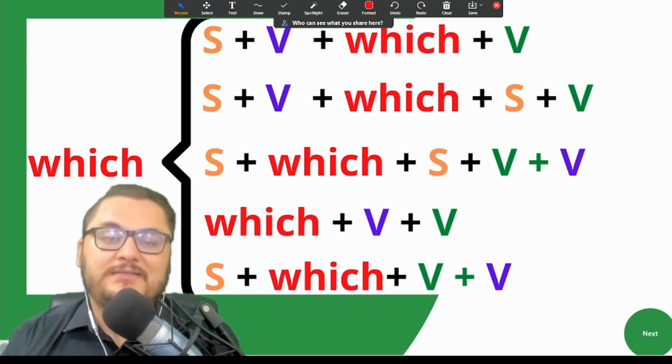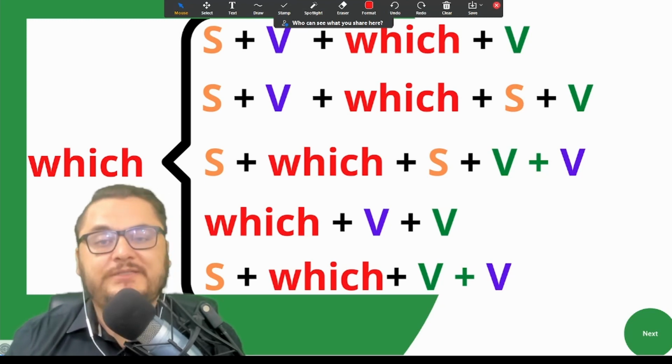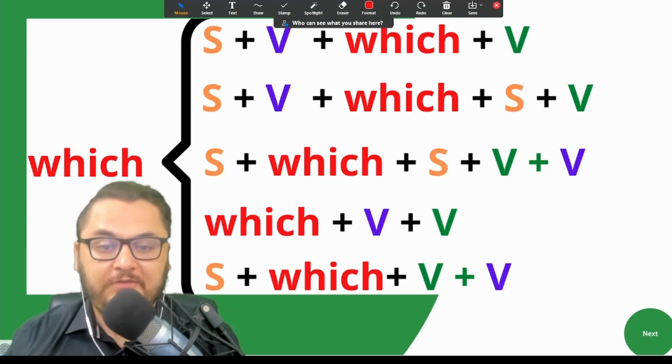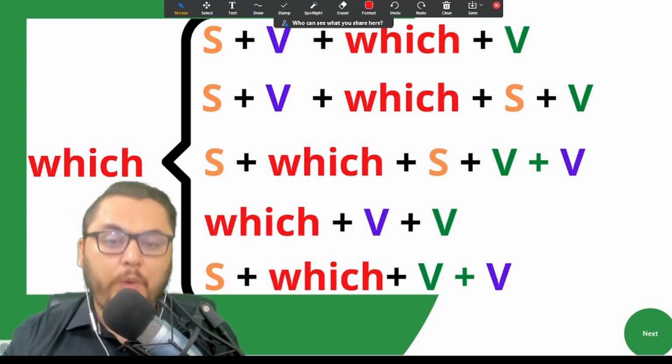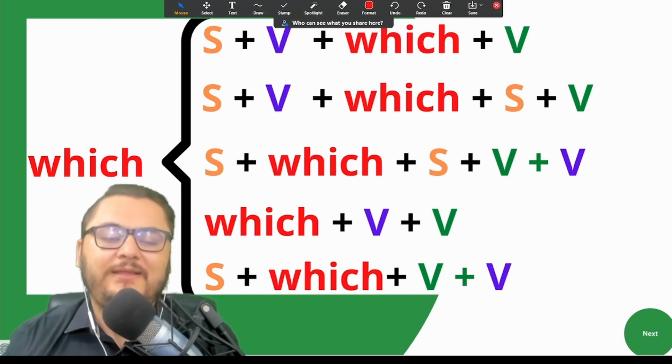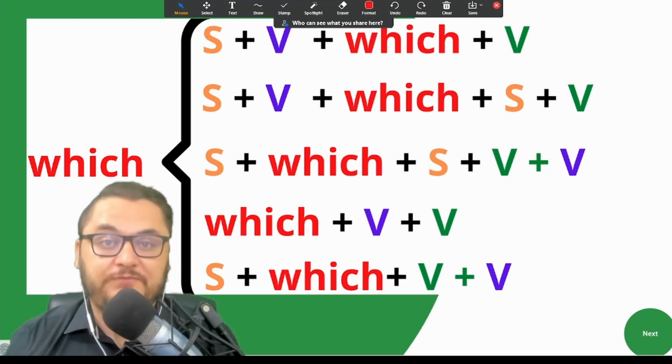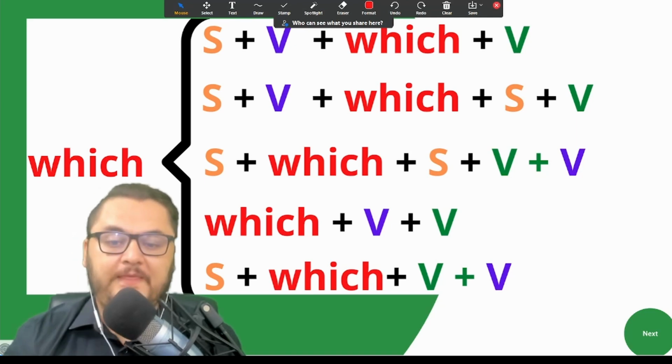The second is subject, verb, which, subject, verb. The third one is subject, which, subject, verb, and verb. The fourth one here is going to be which plus verb and verb, two verbs. And the last one is going to be subject plus which plus verb plus verb.